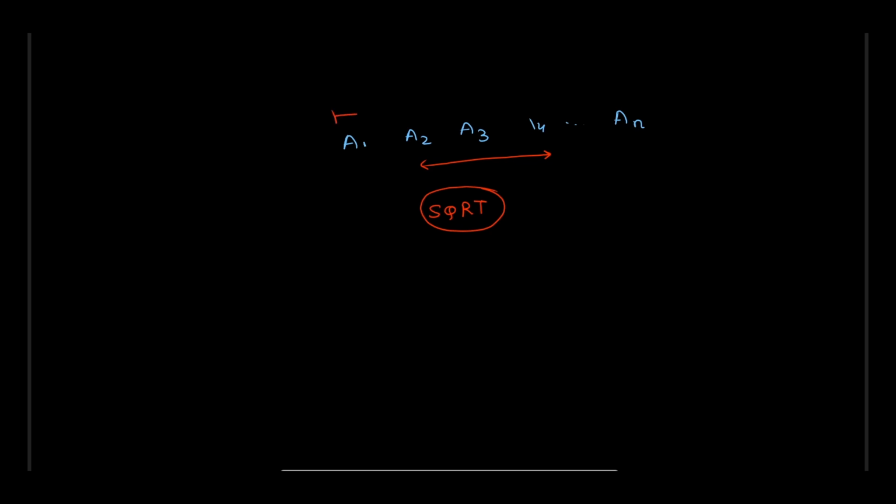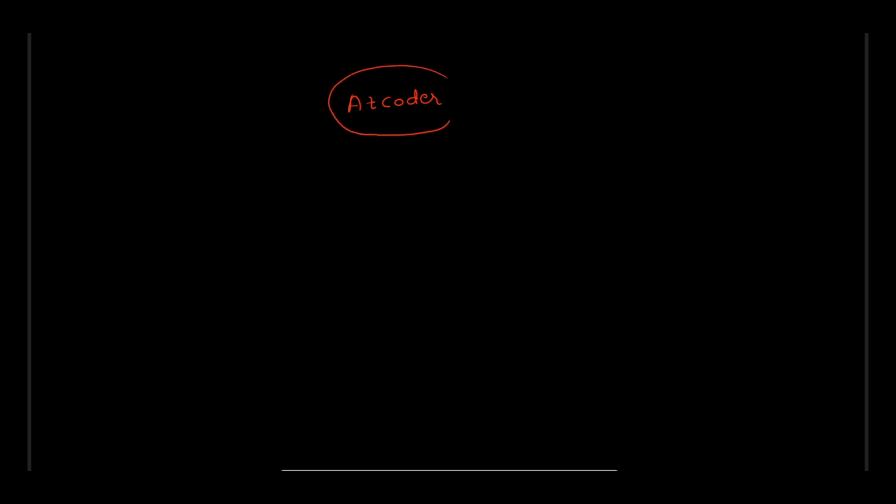That is, you pre-compute the product for each square root of n block, and then when you want the answer for the range L to R, you can only have root n different blocks. So you simply look up the answer from there. And I'm pretty sure that square root decomposition does not require the existence of inverse, but I'll have to double check on this. But the last and the final solution that you could implement is the one from AtCoder. So AtCoder, and this is where you'll appreciate the library that AtCoder has come up with for the segment tree.